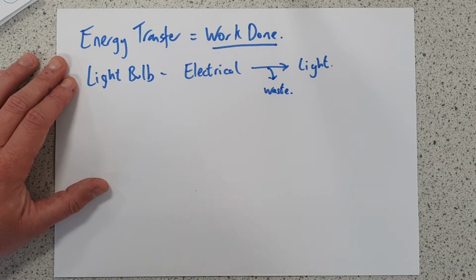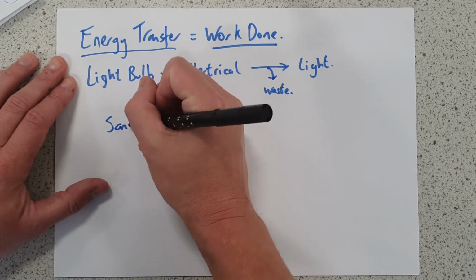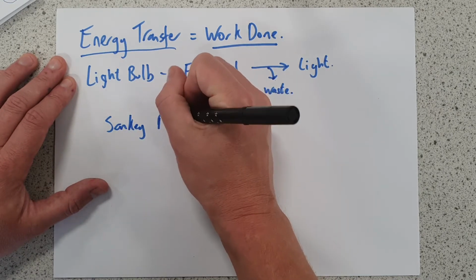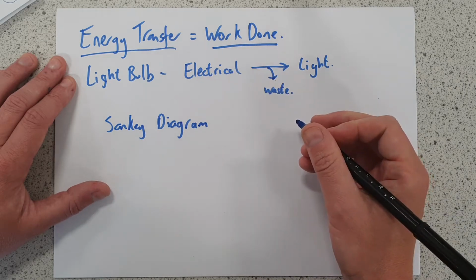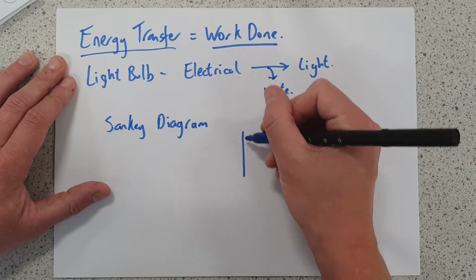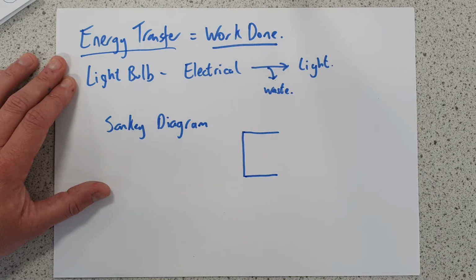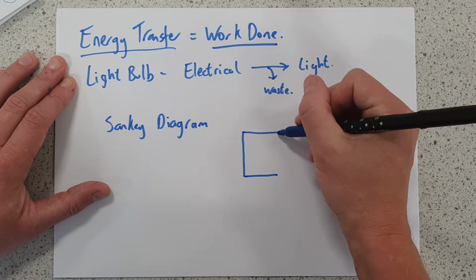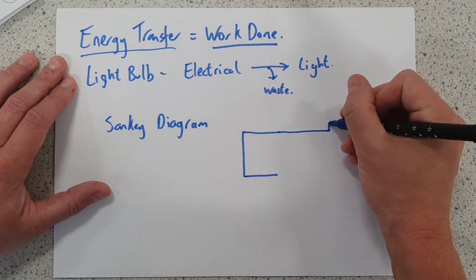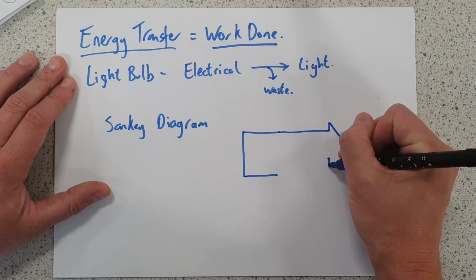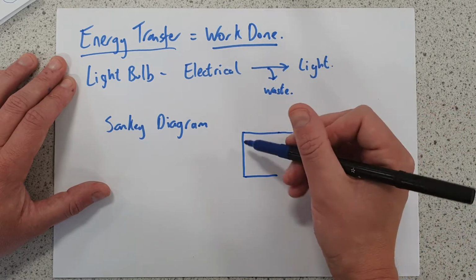Now we demonstrated energy transfer in the form of a Sankey diagram this week in the session. So let's just have a quick look at what one of these looks like for a light bulb. So what we do is we demonstrate the quantity of energy transfer by using the size of the arrow. In this case, we could have an arrow that's perhaps, say, that big. We'd measure this.